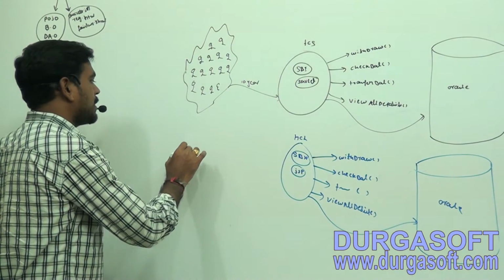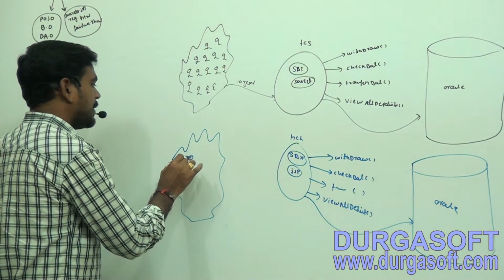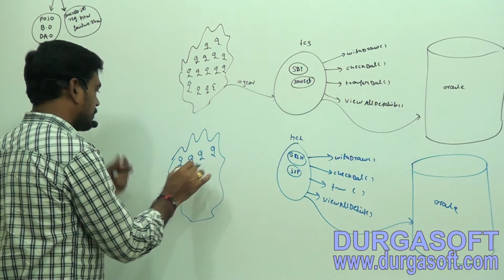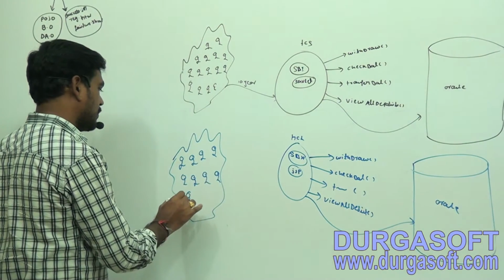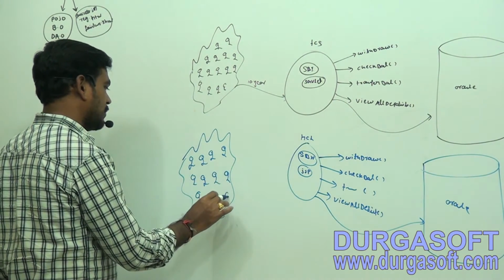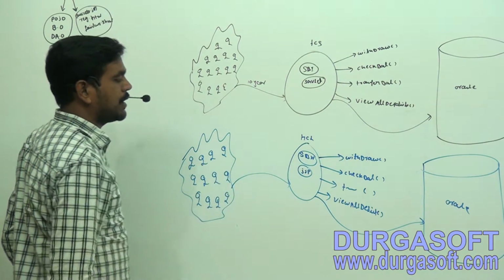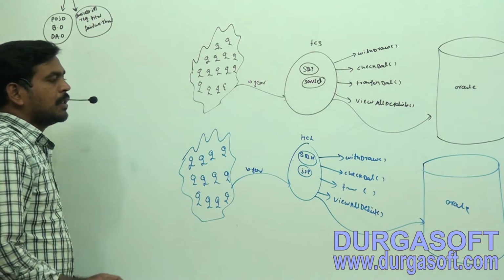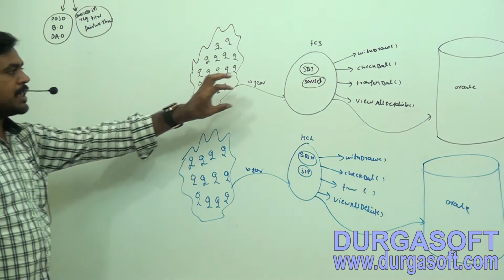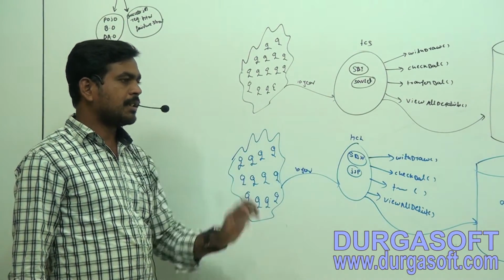HCL also has some network. These guys have been working for the last 10 years on JSP technology. Like this, these guys are working on Servlet technology and these guys are working on JSP technology.